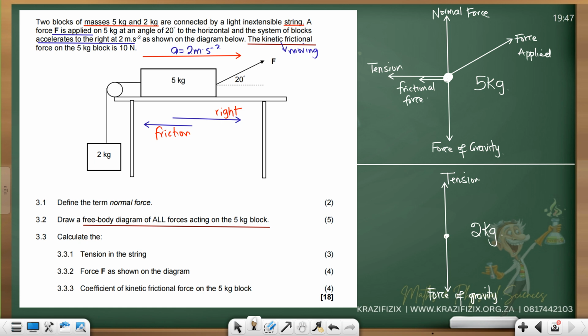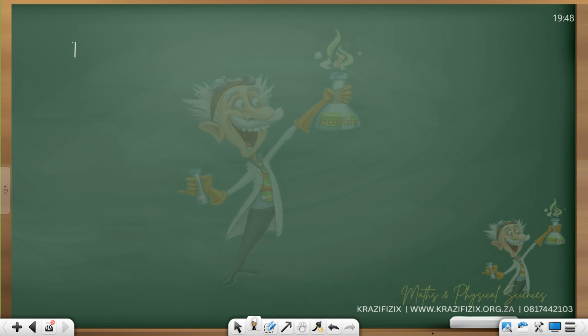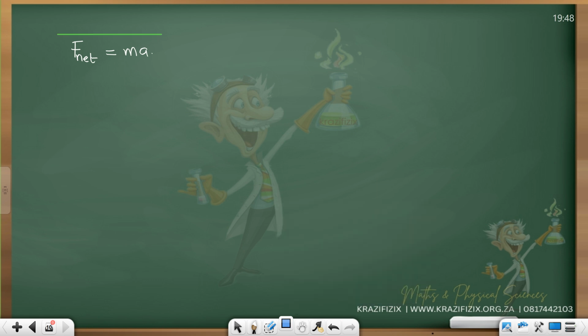Now, let's look at this question. The examiner says calculate the tension in the string. Oh, wait. This is now Newton's second law. Our main formula is what? F net. Our main formula is F net equals ma.